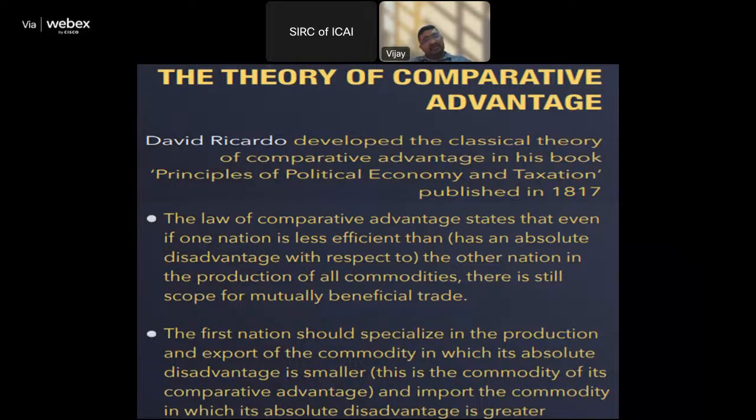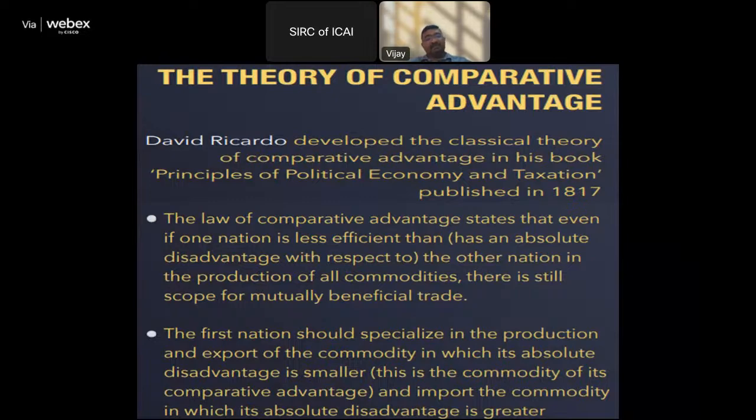In the theory of comparative advantage, if one nation is less efficient than another nation, with absolute disadvantage in both the goods, still there will be scope for beneficial international trade.